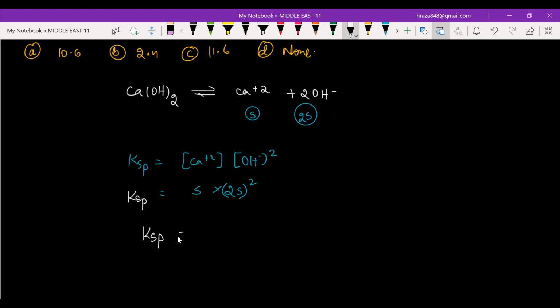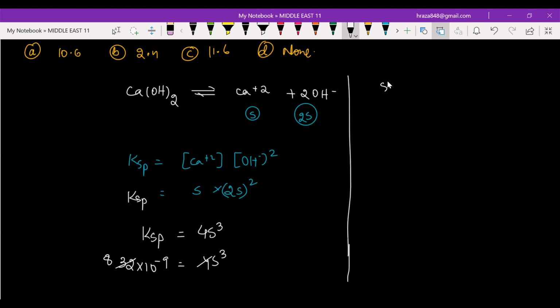Now KSP will be equal to 4S raised to the power 3, and KSP has a value 32 into 10 raised to the power minus 9, which is equal to 4S cube. You also know that 4 into 8 is 32, so S cube will be equal to 8 into 10 raised to the power minus 9, and S will be equal to 8 raised to the power 1 by 3 into 10 raised to the power minus 9 to the power 1 by 3.